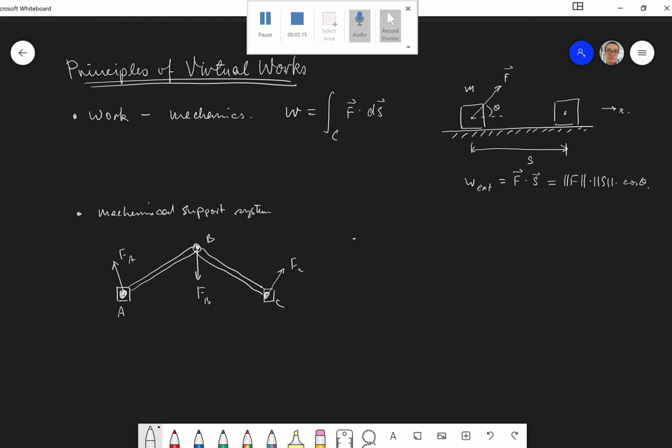So the forces are balanced, and there's no displacement. So by that we say it's actually not moving. So if it's not moving, that means the work is actually zero, right?